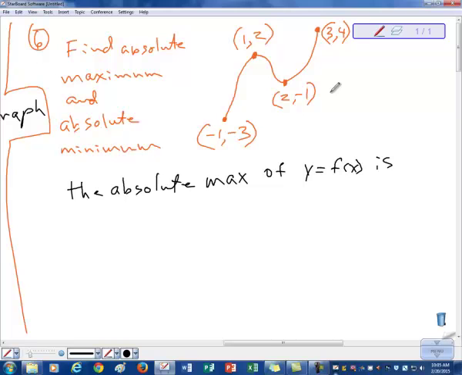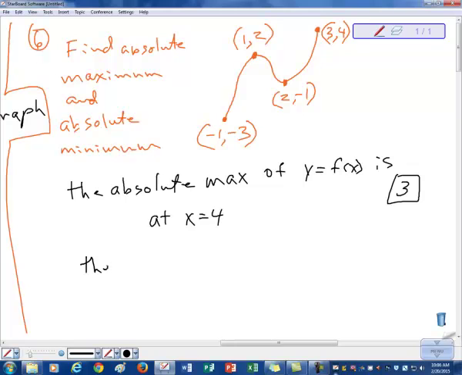Now normally the way we would answer it in class is the absolute maximum is, in this case, 3 at x equals 4, but the test won't ask for this part. It'll only ask for the maximum or min.